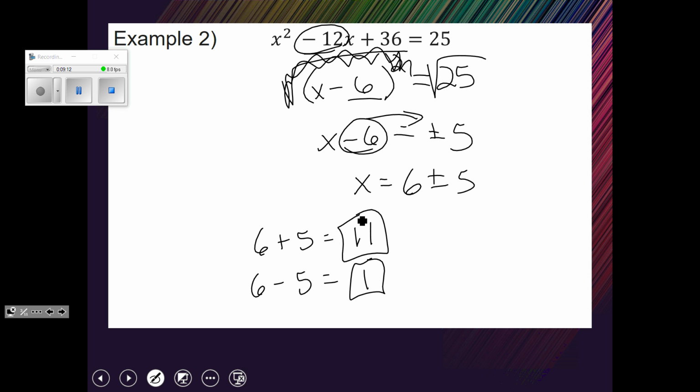But because you can add a 6 with a 5, I would keep rolling. Does that make sense? So if it's like two whole numbers or two integers, I would keep rolling with it and add them together. But if it's like a radical or if it's got an imaginary or something that's different, leave it. Okay? Yeah, you would say, okay, my answers are 11 and 1. Like so. Okay?